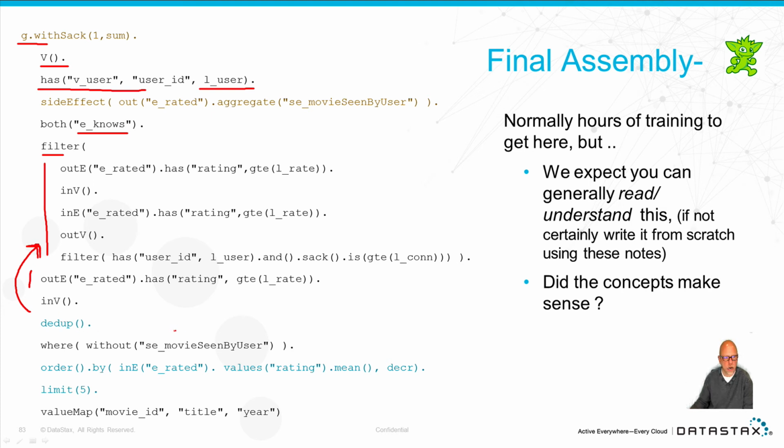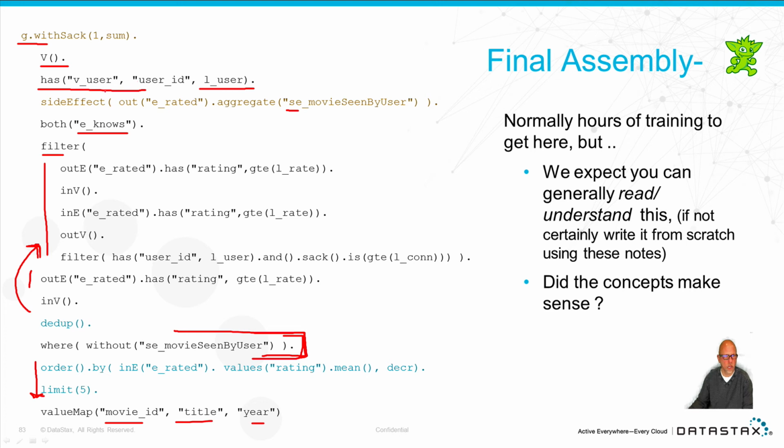I take out the high-rated movies that they've seen. I take them out from my movies. I don't want to recommend my own movies. And then order with a limit, valueMap, movie, title, and year. The side effect will be the movies that I've seen, my movies. I didn't pick that apart very well. Let me do it again.